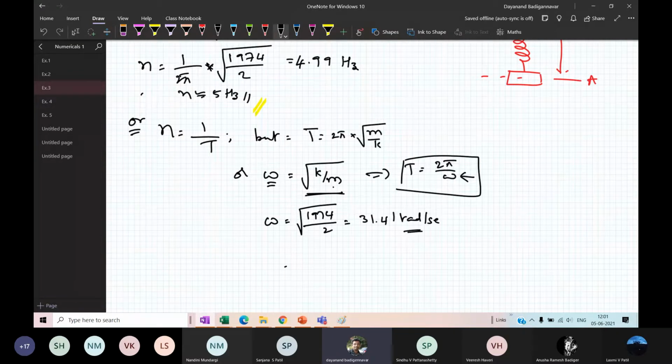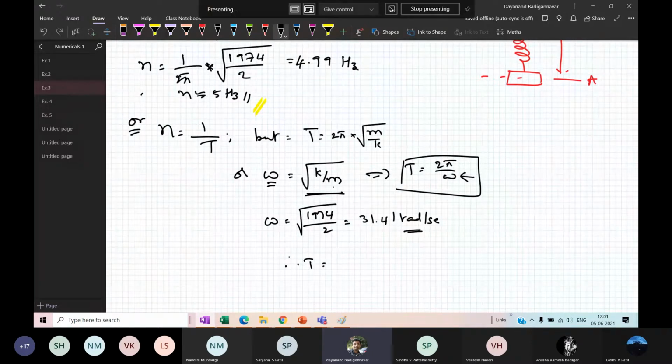So therefore, if I evaluate t, you check it and tell me the answer. What is the value of t? It is 2 pi by omega. This is 2 pi divided by omega, which is 31.41. What is the value of t?